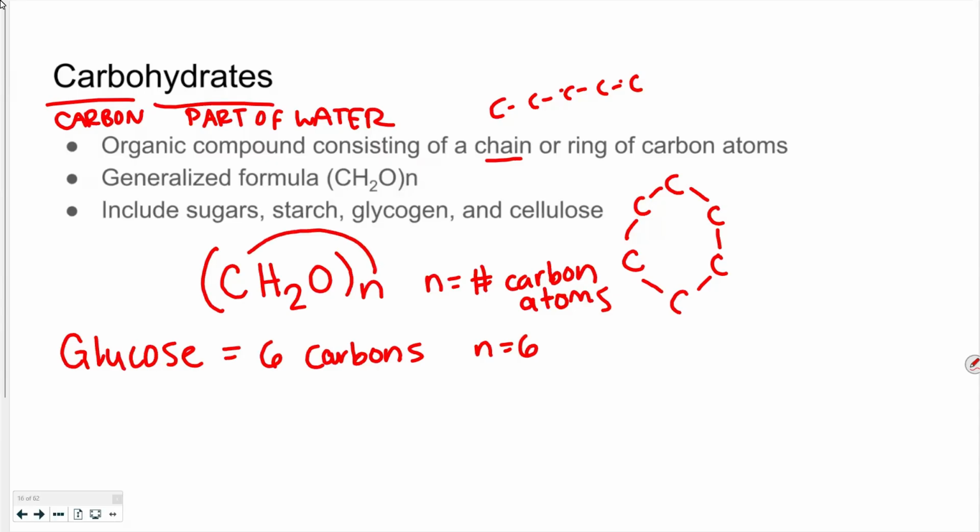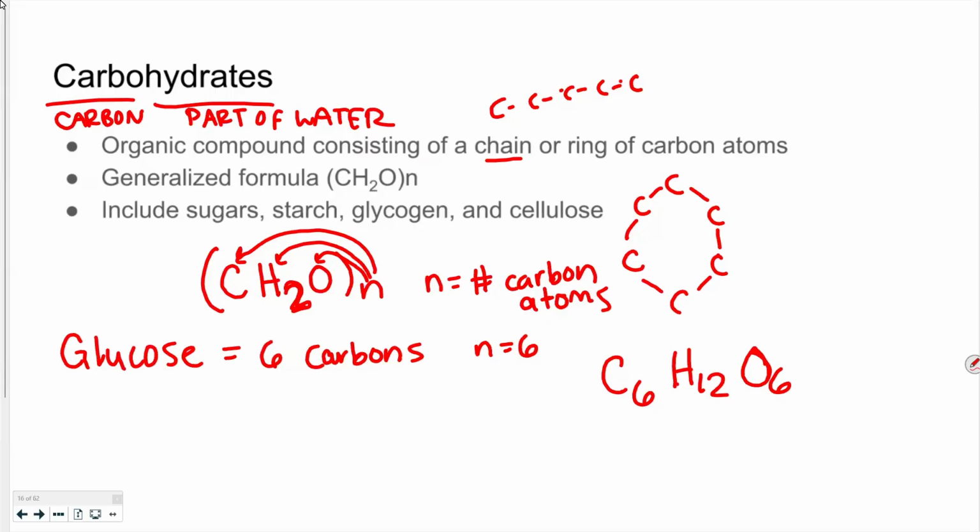So if N is 6, that means we're going to have those 6 carbons, and then 2 times 6 is going to give us 12 hydrogens. And then this N is 6, so we're going to get 6 oxygens. So our glucose has the chemical formula of 6 carbons, 12 hydrogens, and 6 oxygens. So we call this C6H12O6.